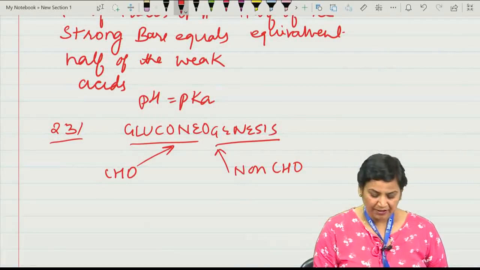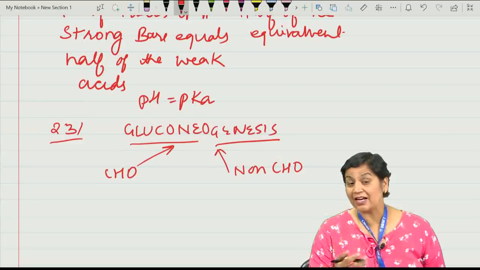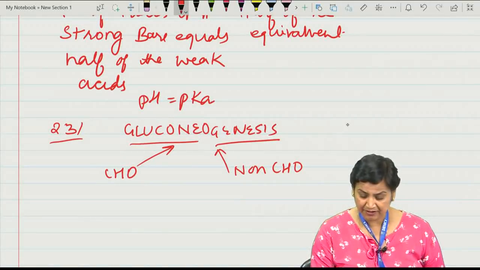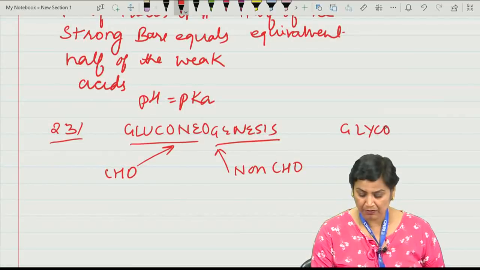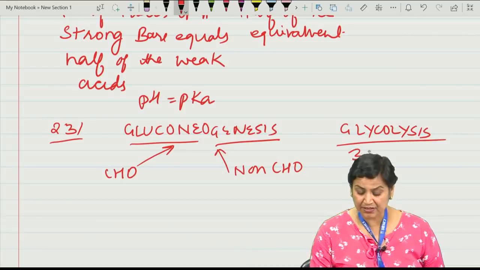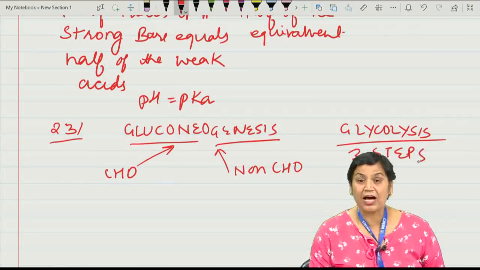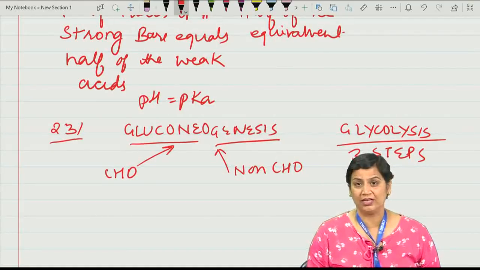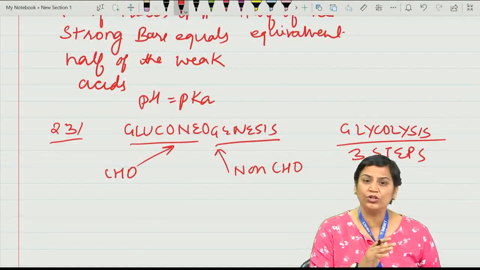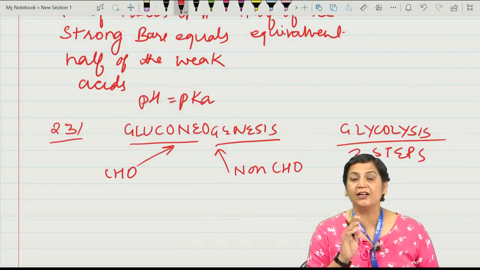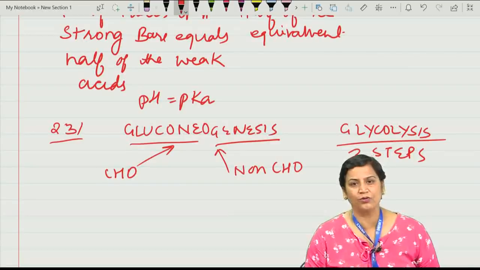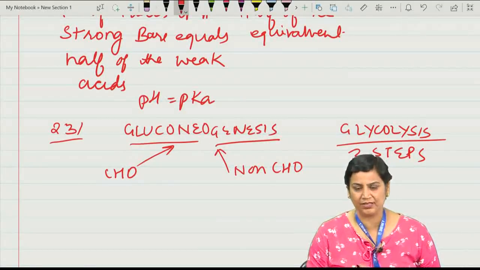And all of us know that gluconeogenesis is exactly a reversal of glycolysis. In glycolysis, the 3 steps which are irreversible are made reversible in gluconeogenesis. That is why we say gluconeogenesis and glycolysis are reciprocally regulated. If glycolysis is occurring, there is no question of gluconeogenesis and vice versa.